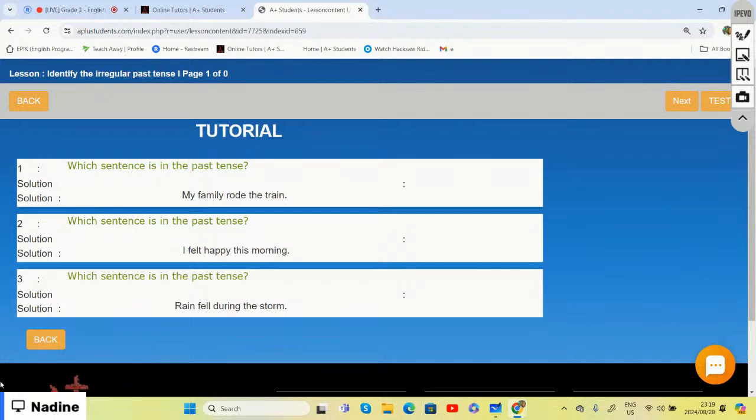It says which sentence is in the past tense. It says my family rode the train. Look at the sentence. My family rode the train. We need to identify the past tense within that sentence.